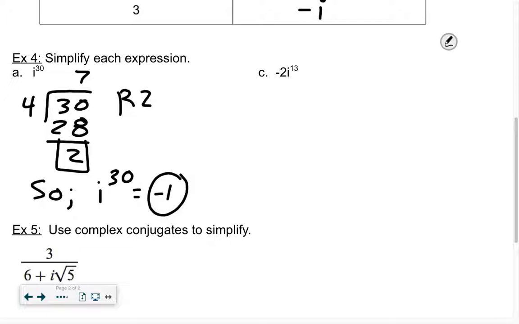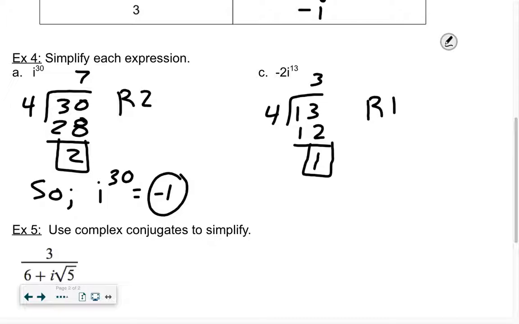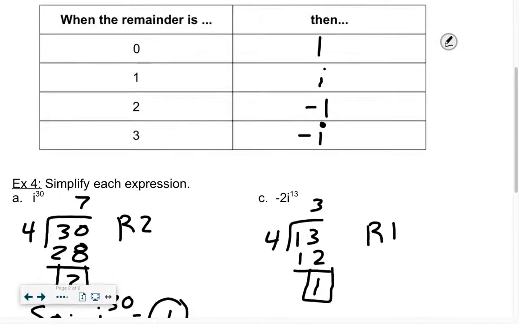Negative 2i to the 13th. Now let's just ignore that negative 2 for right now. We want to break down that i to the 13th. 13 divided by 4, 3, 12, remainder is 1. So if my remainder is 1, going back to my chart, I know that i to the 13th will simply reduce down to just i, correct?